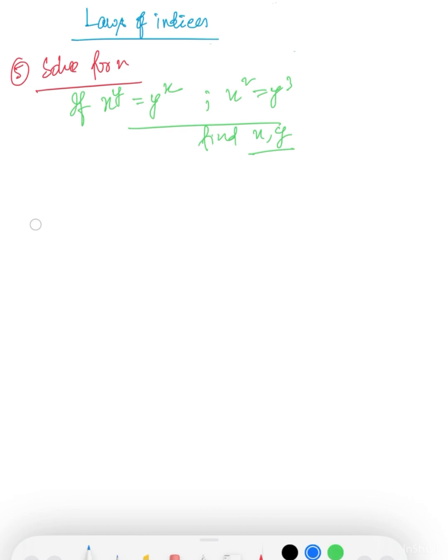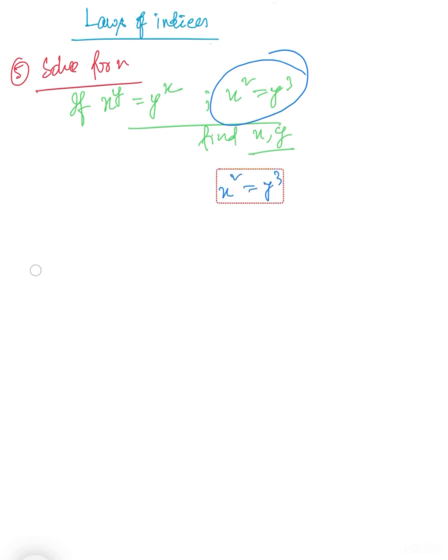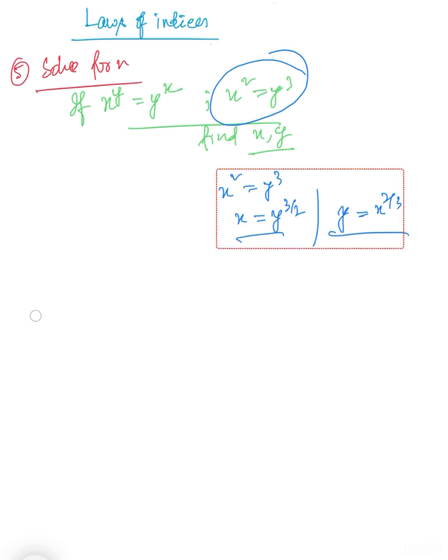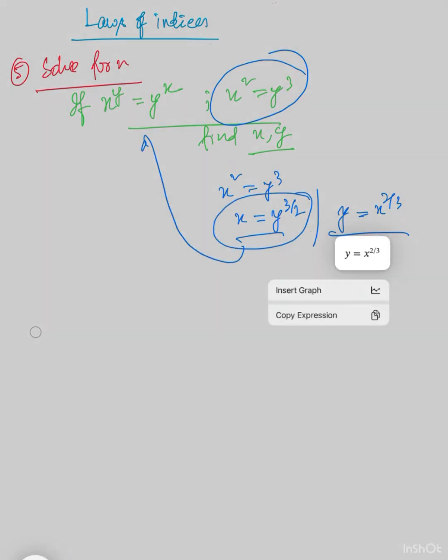So if we take the second relation, x square equal to y cube, and try to clear either x or y, that is make them power 1, you can either take that x equal to y to the power 3 by 2, the power upon x is taken into right side, or you can write it like y equal to x to the power 2 by 3 and can proceed with any of the results you get from the second equation.